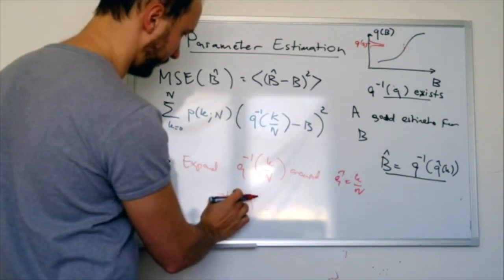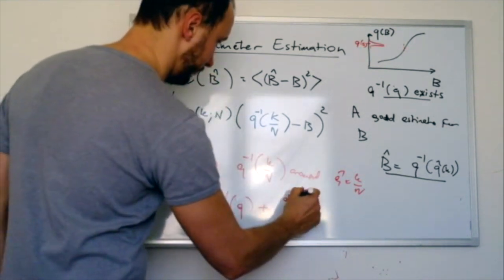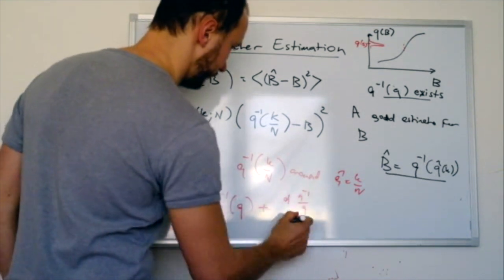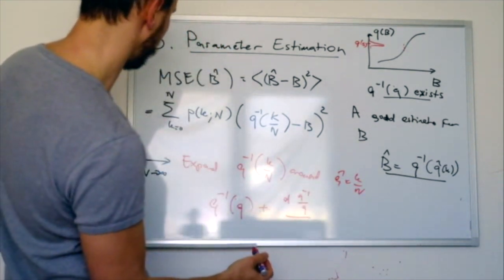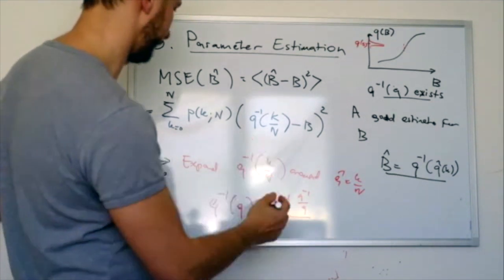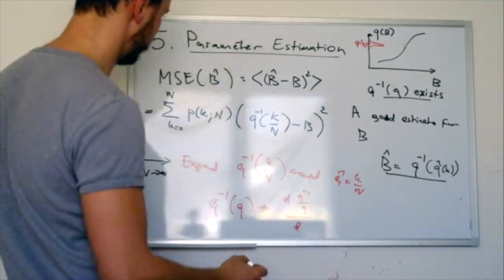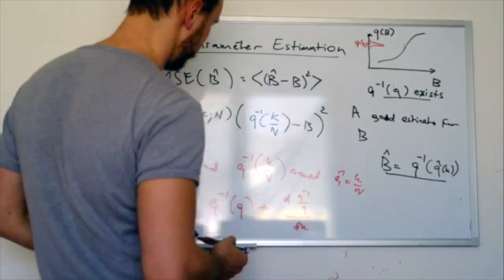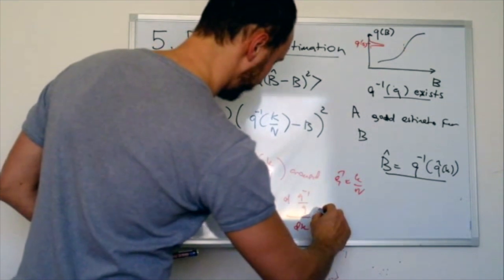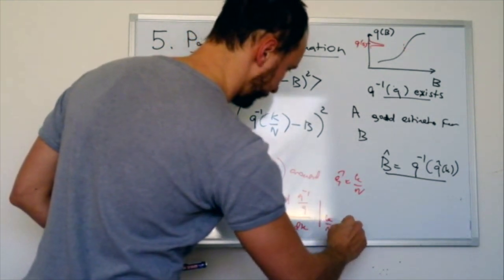So Q minus 1 of Q plus the derivative of Q minus 1 of Q with respect to K, so to say, at the same point at K over N equal to Q.